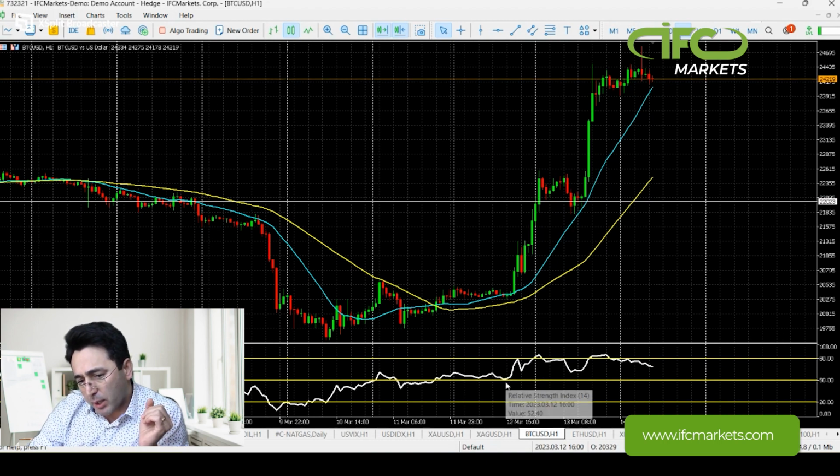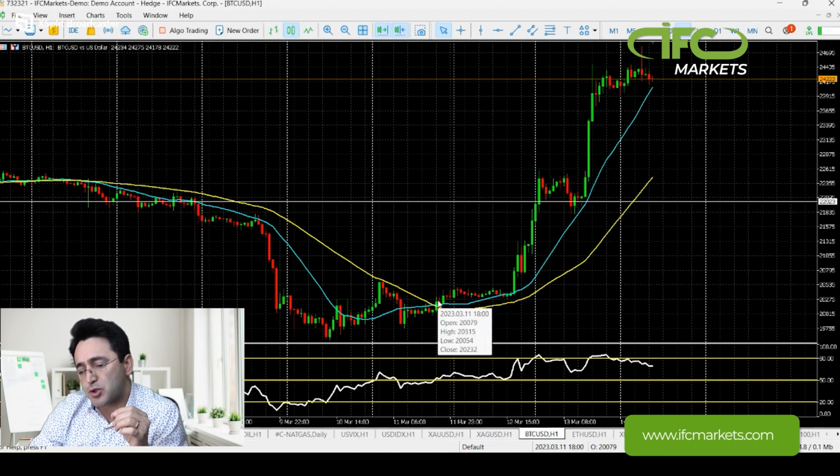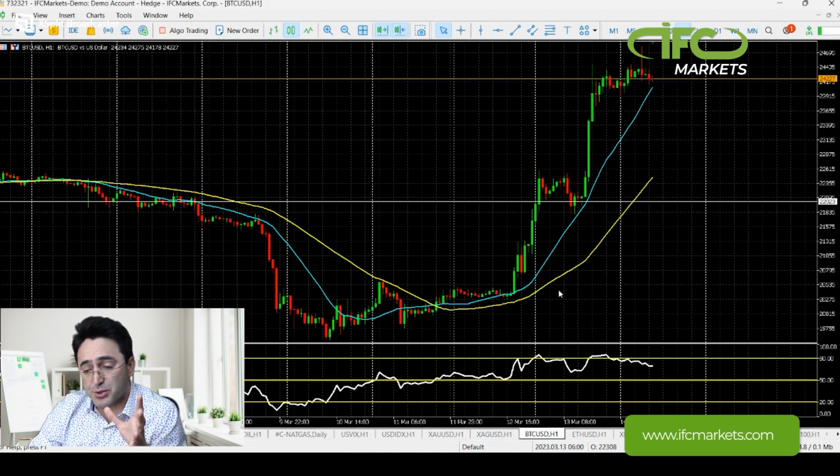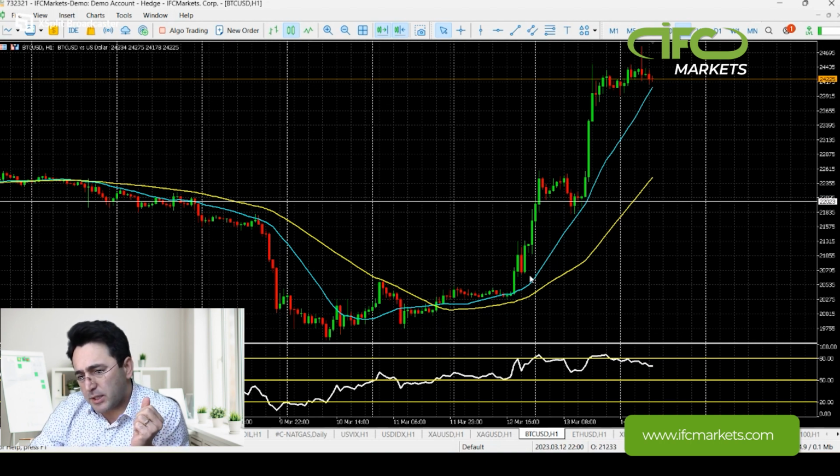At the same time, we can see that when the price is increasing, RSI is also getting above the 50 level. So it means that this uptrend still has strong enough strength and enough power to go forward. So this is the signal of an uptrend, when we can buy.